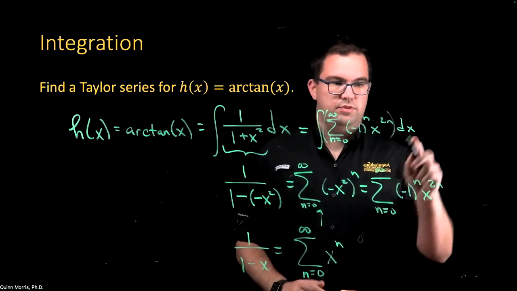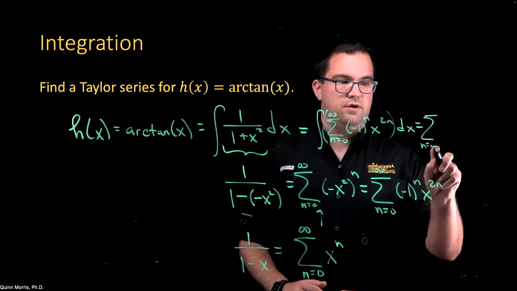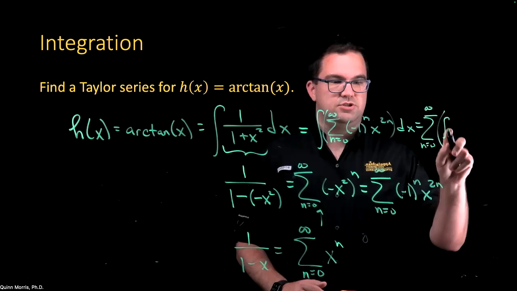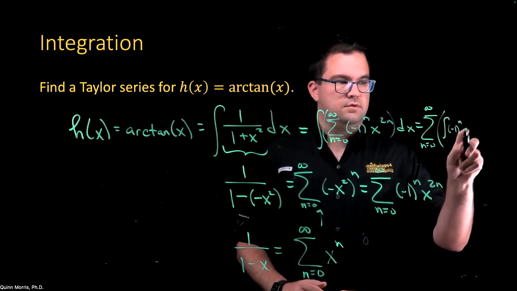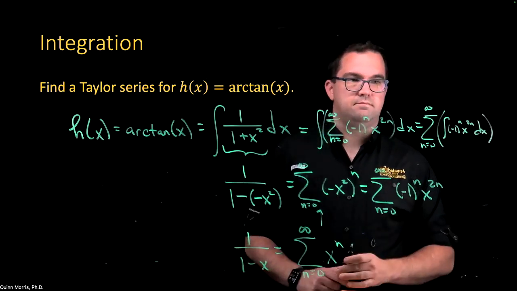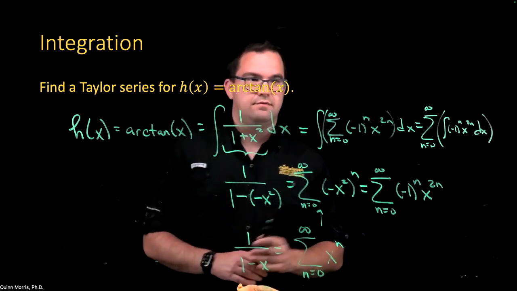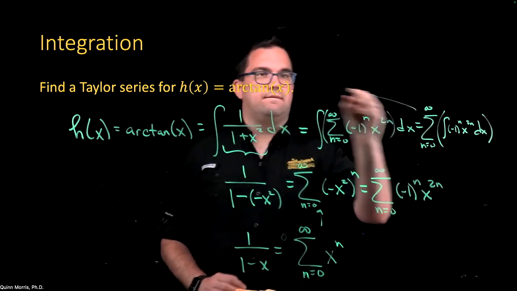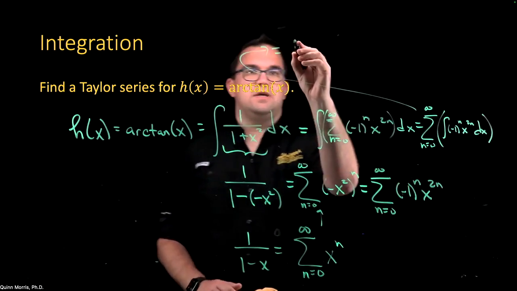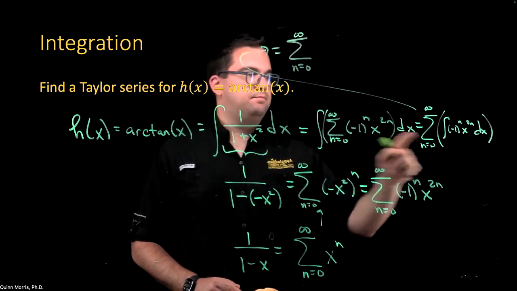So what I'm going to do then is think of this as the sum n equals 0 to infinity of, now I'm just going to integrate each of these terms. If I do that, I'll get a sum n equals 0 to infinity.